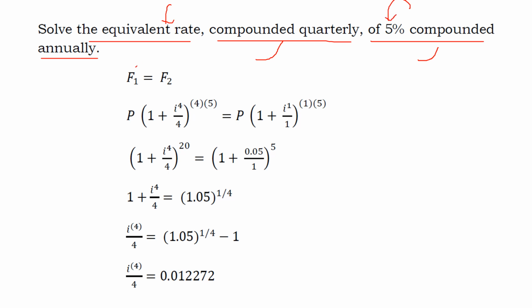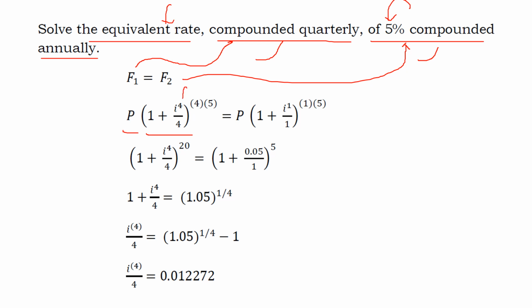Your F1 here will represent your compounded quarterly while your F2 will represent your compounded annually. So based on the given formula, once we apply your formula in your future value wherein your P is your present value, your P now will be multiplied by 1 plus i raised to 4 over 4. Why is that?